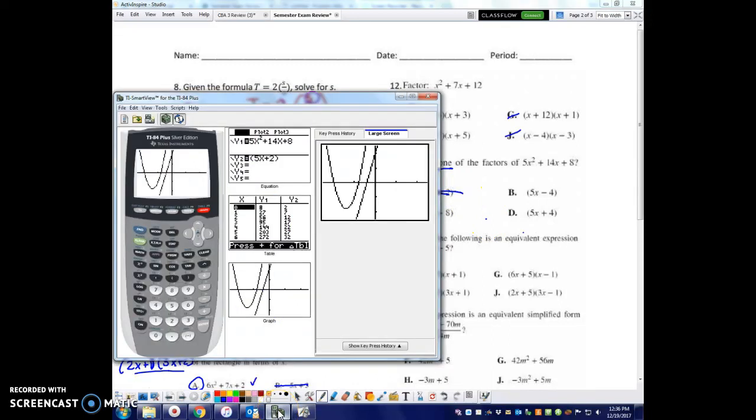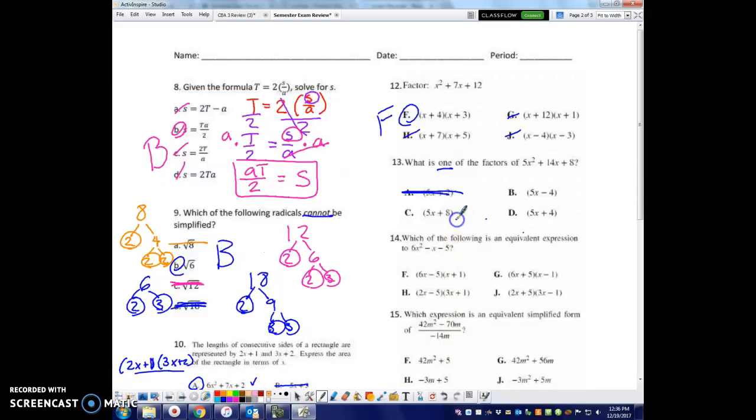Okay, now for B, 5x minus 4. Go to your graph. This one also does not cross through at the x-intercept.